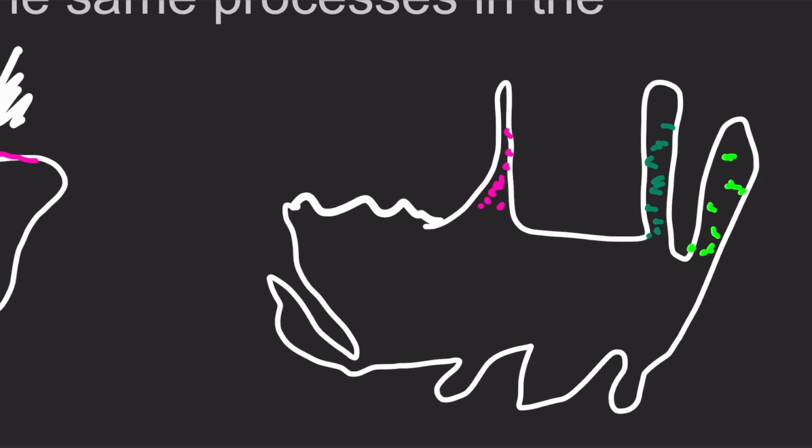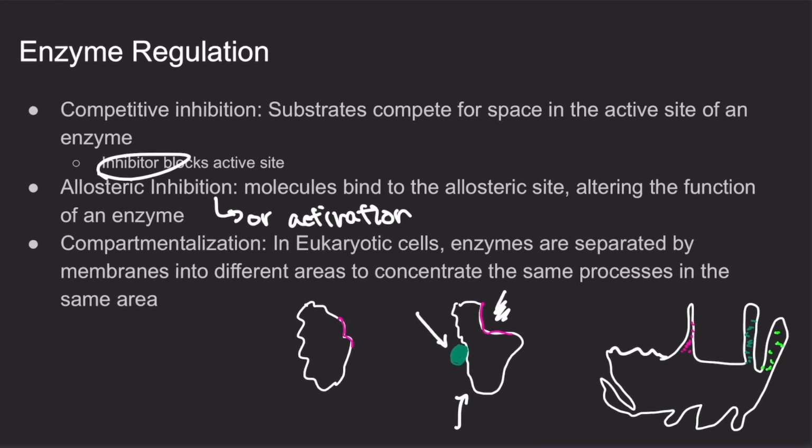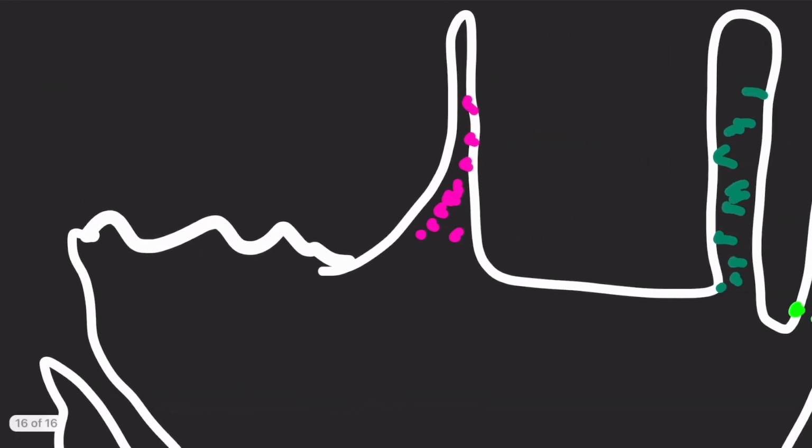So we compartmentalized it. Remember, some of these things require a very specific pH or a very specific temperature to operate, to have ideal reactions. So when you compartmentalize something, you can make it so that each has its own sort of microclimate, whatever you want to call it.